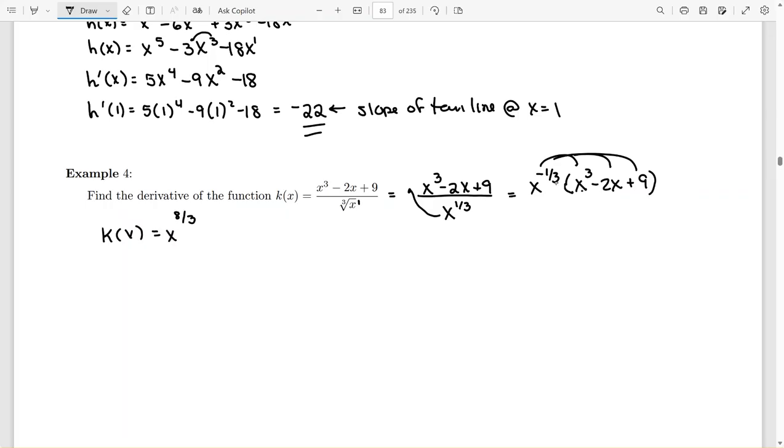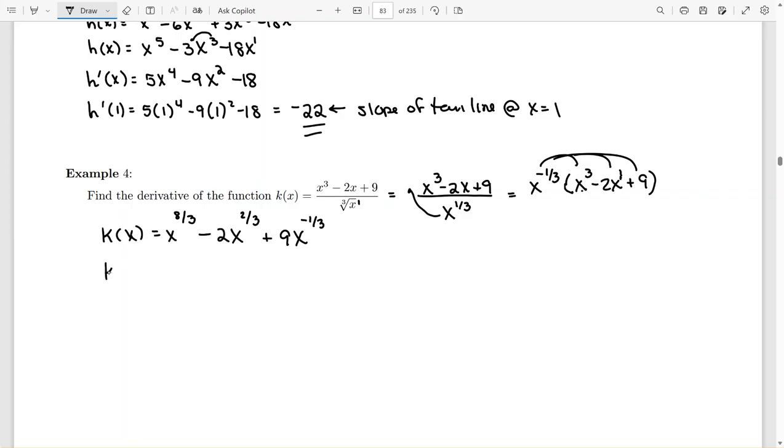Where did she get that? Negative 1/3 plus 3. Use your calculator. Minus 2 times x to the 1 plus the negative 1/3 is going to give me x to the 2/3. And then x to the minus 1/3 times 9, x to the minus 1/3. Keep all the variables up in a numerator, then I can go ahead and take a derivative.